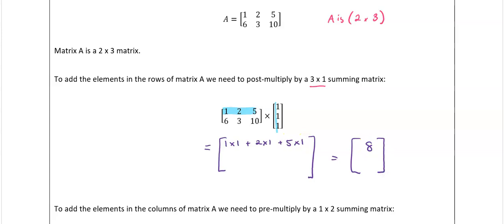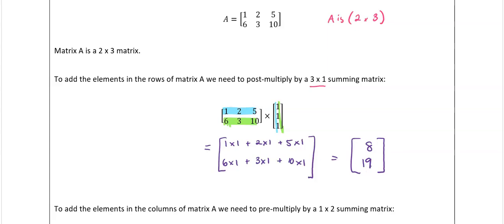When I move on to the second row, so row 2, column 1, to get the value in that position in my answer, 6 times 1, 3 times 1, and 10 times 1. So again, when I complete that calculation, I get the value 19.